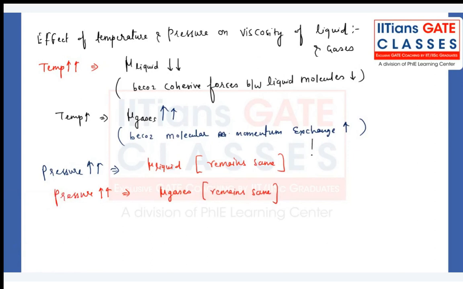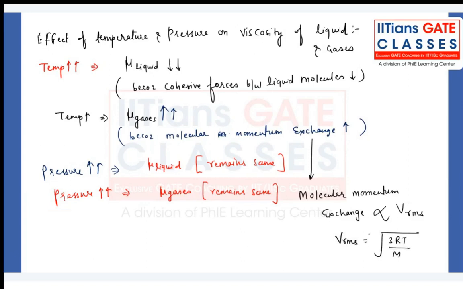Because molecular momentum exchange is directly proportional to root mean square velocity, right? Root mean square velocity does not depend on the pressure. It directly depends on the temperature. Remember that. If I write the formula for root mean square velocity, that will be the square root of 3RT by m. So it is directly proportional to temperature, right?